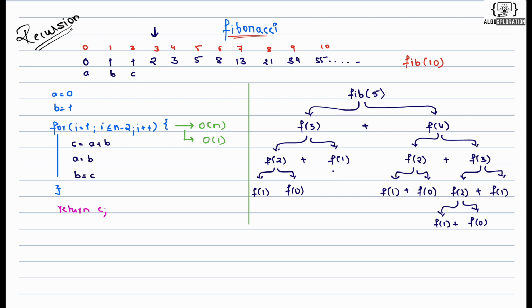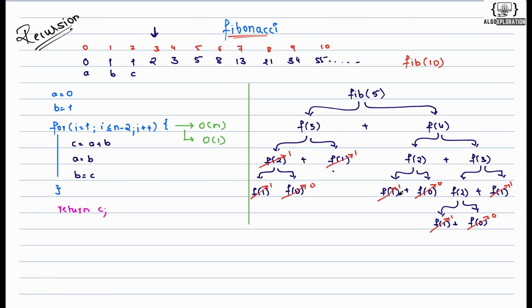Now the value of f of 1 will be 1, f of 0 will be 0, f of 1 will be 1, this will be 1, this will be 0, this will be 1, this will be 0, and this will be 1. Now 1 plus 0 will be 1, so the value of this will be 1.